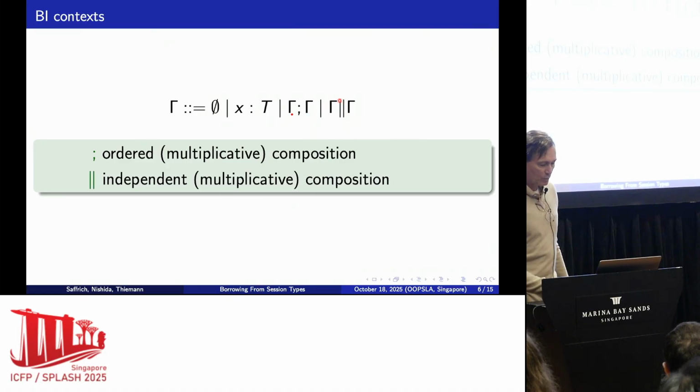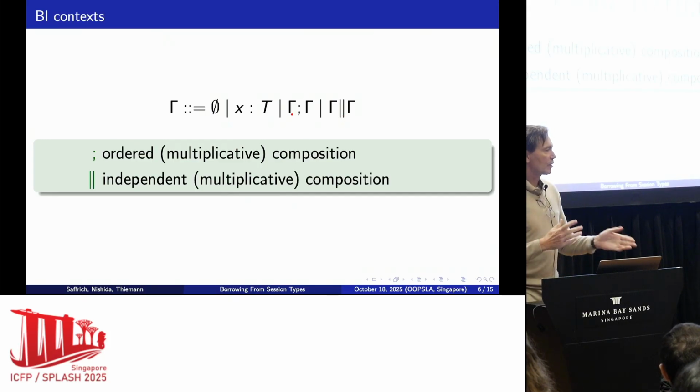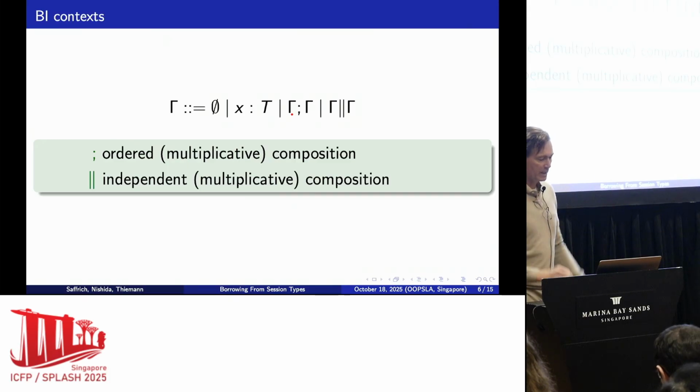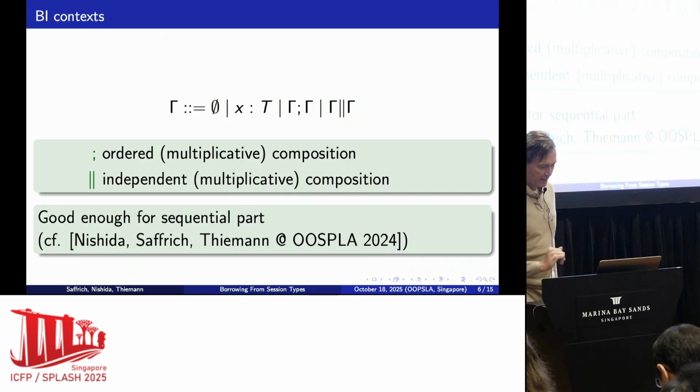Whereas the normal one, which I'm writing here with this parallel symbol, that's just the normal composition for linear bindings, and you can reorder them in any way that you like. Now, this is the story. We had a similar story last year already in a paper about typestate. So this is good enough for the sequential part.